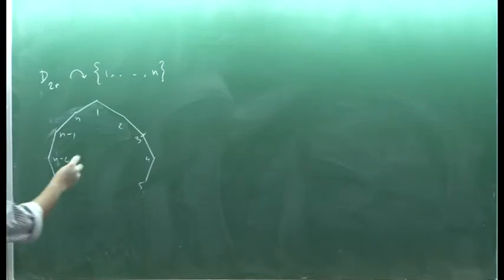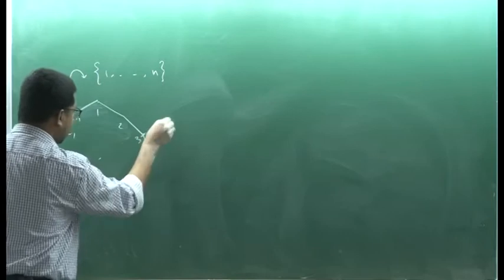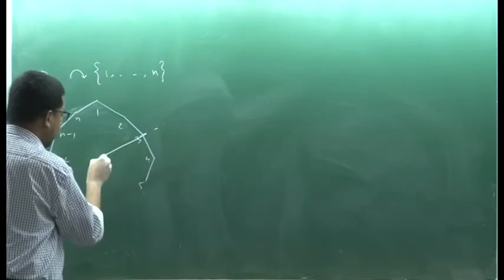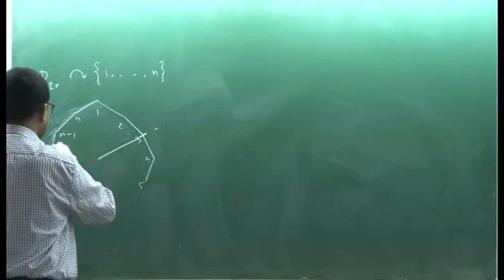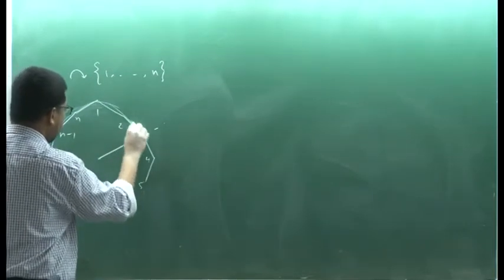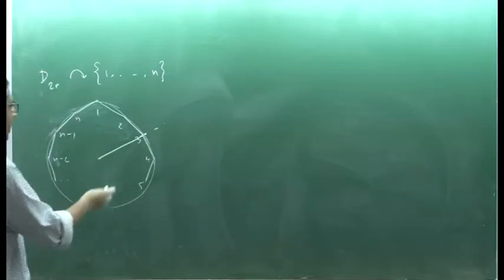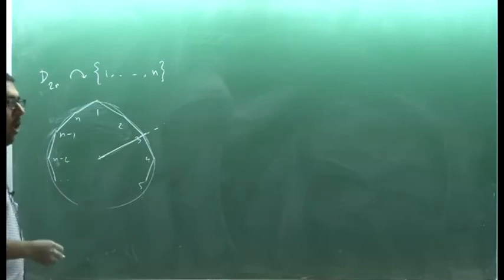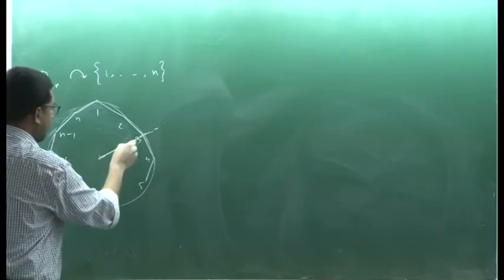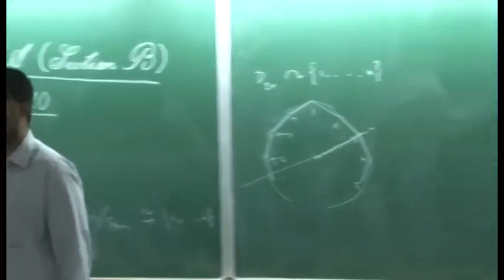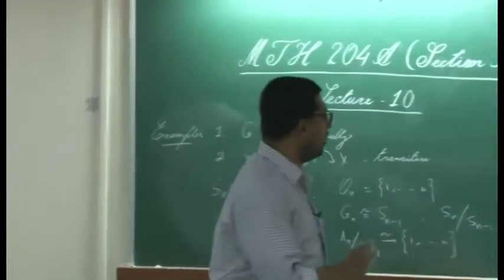That is exactly the reflection with respect to the line joining this vertex with the center of the circumcircle. The circle is looking horrible, but if we consider the reflection with respect to this line, then this is that symmetry which leaves that point fixed. So this is the geometric description. The algebraic description I am leaving to you to work out.